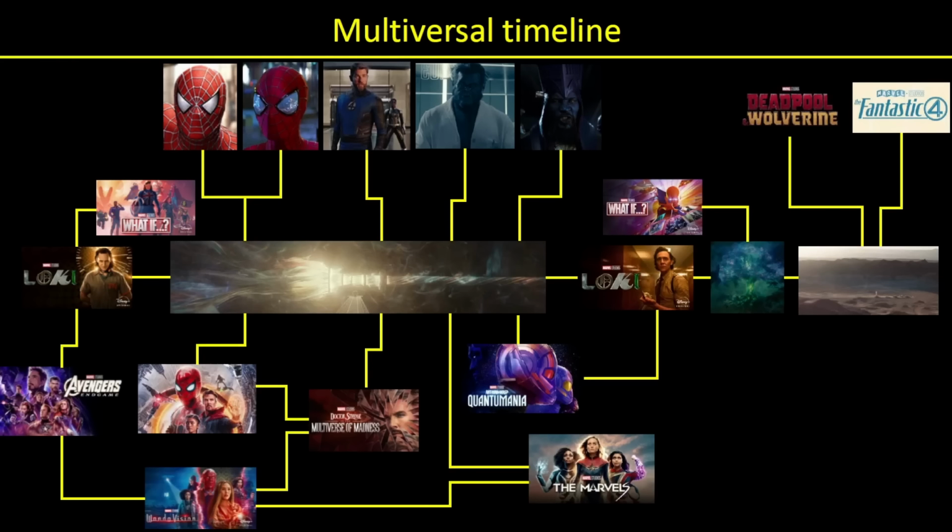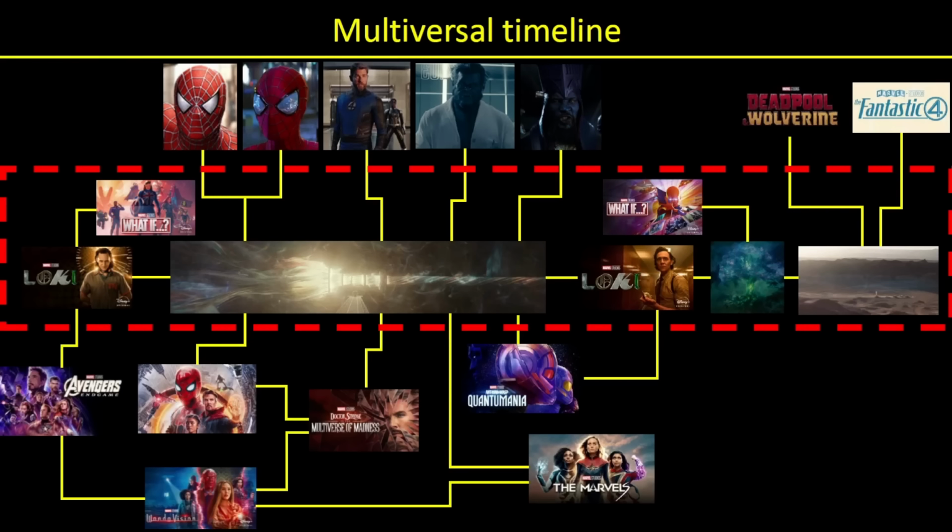Then we have to look at how his tree is situated in the greater multiverse. And I kind of divide it into three sections. The middle section is the through line of the Loki series. So Loki season 1, and then the loom falling apart, and then Loki season 2 ending with him building the tree, and then finally the void, which I think will stay around and end up being Battleworld during Secret Wars.